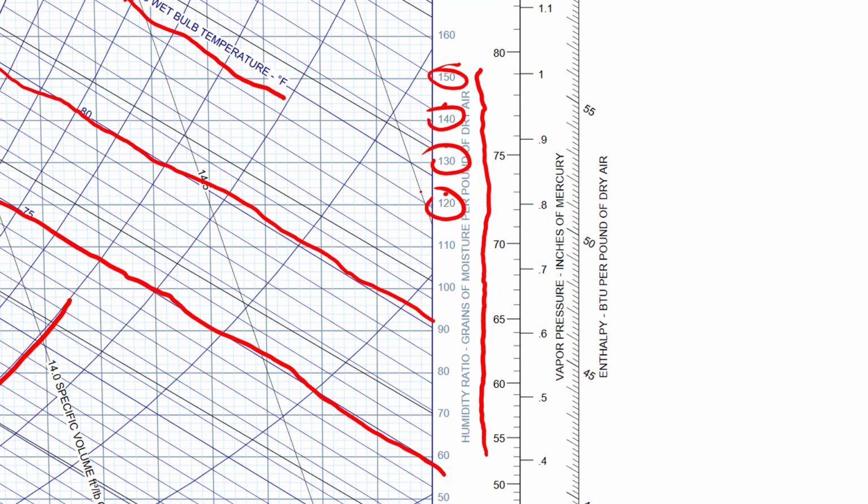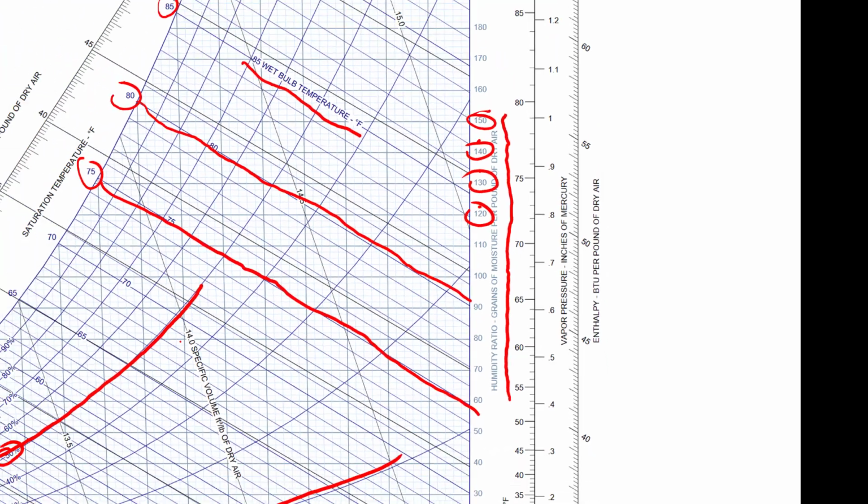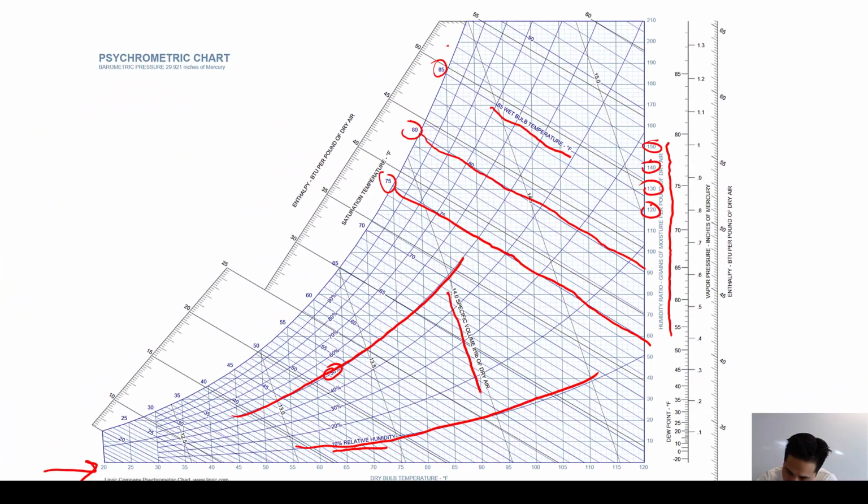So we're going to use this chart to get the specific volume, which is this line here. We're going to get the specific volume of air at 60-degree dry bulb temperature and around 50% relative humidity.